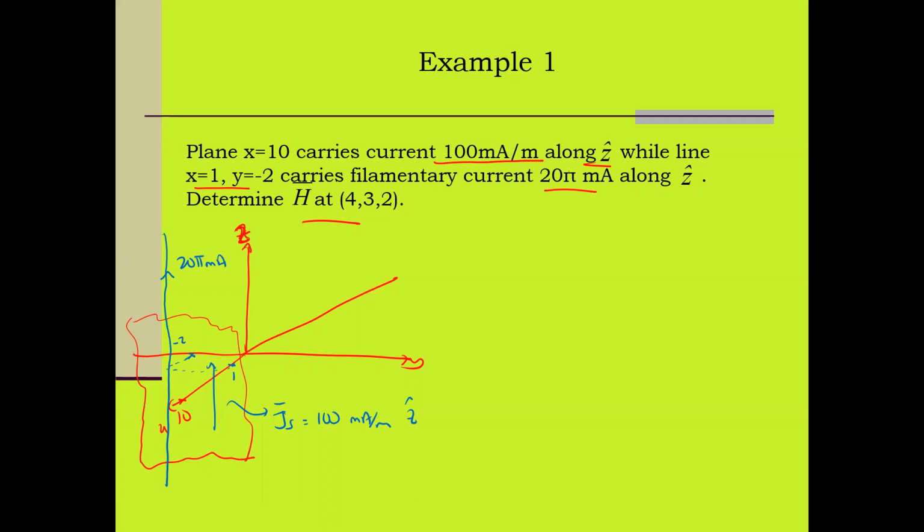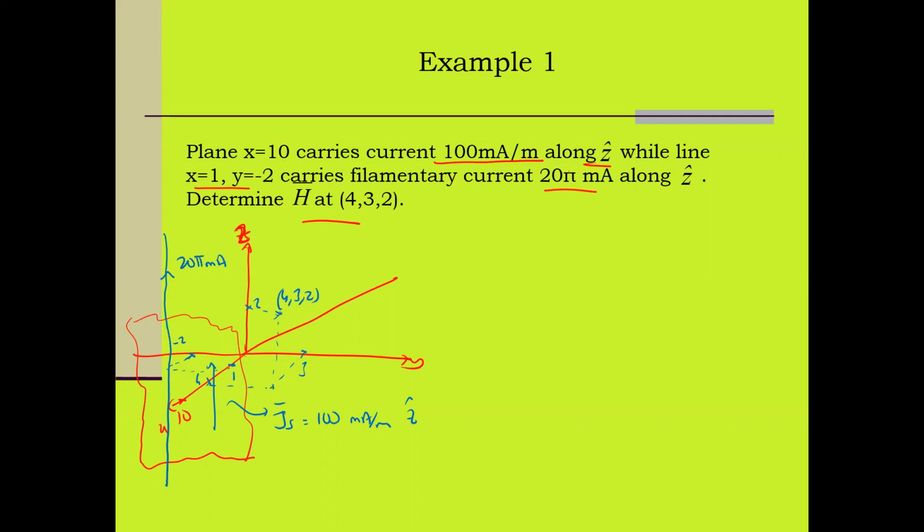Based on these two current distributions, you need to determine the H field at this position, which is (4, 3, 2). Let's say this is 4, this is 3, and 2 is here. So the point should be located here. That should be the point (4, 3, 2).